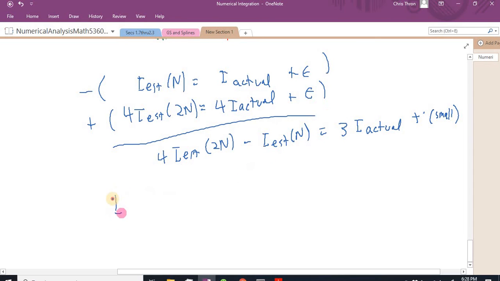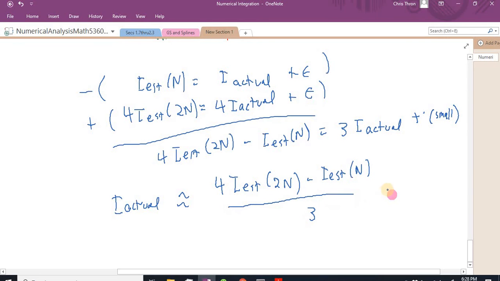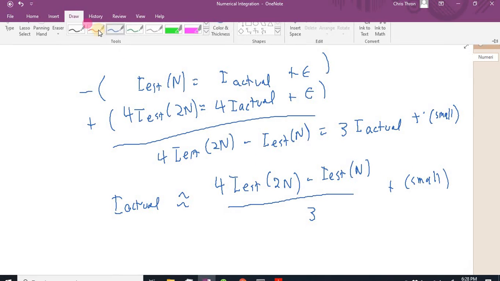So that means that I actual is approximately equal to 4 times I est of 2n minus I est of n, over 3, plus very small. Okay. Now this is the Romberg formula.